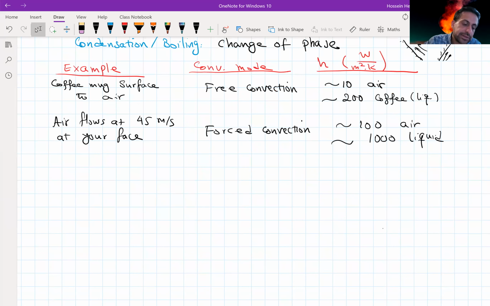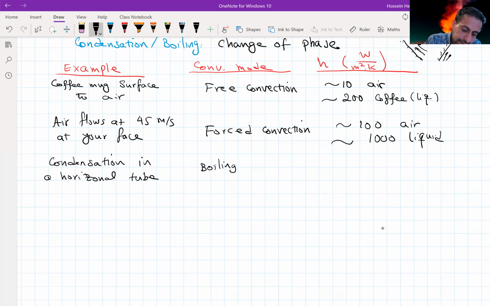The other example, let's say when we have condensation in a horizontal tube, we are dealing with the boiling condensation mode. Condensation mode, and the heat transfer is huge, around 10,000 watt per meter square Kelvin.